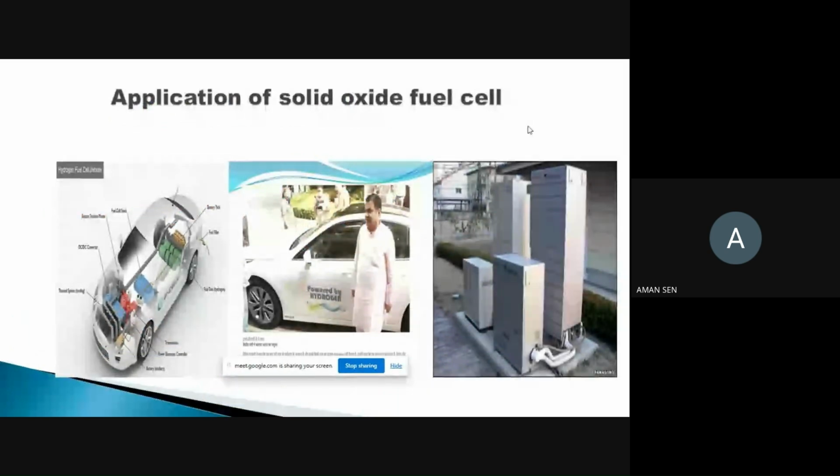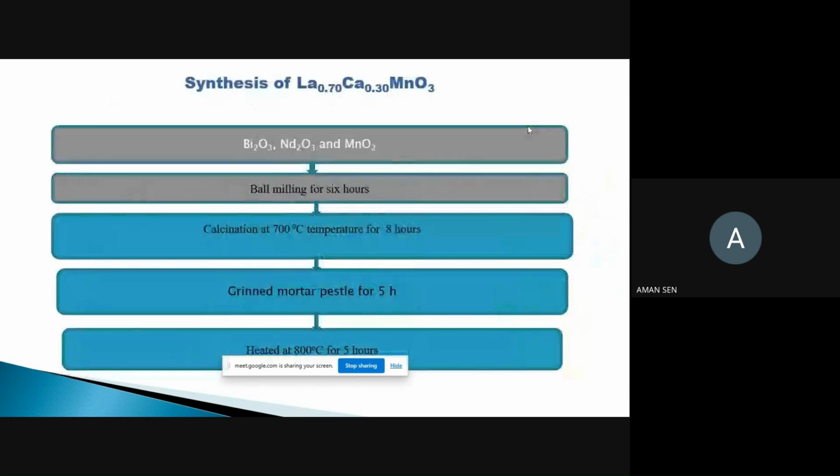Solid oxide fuel cells can be used in various applications, such as in vehicles as an engine and in power generator systems. So we synthesized our material.